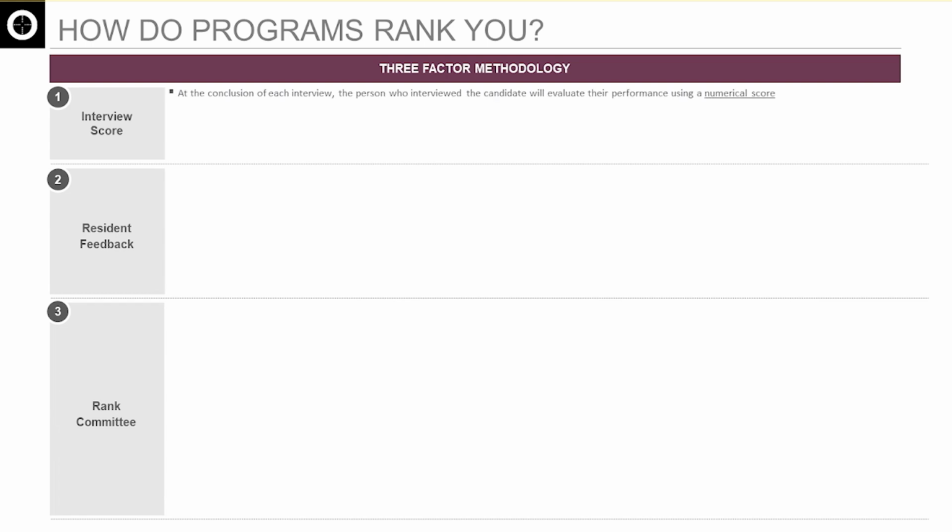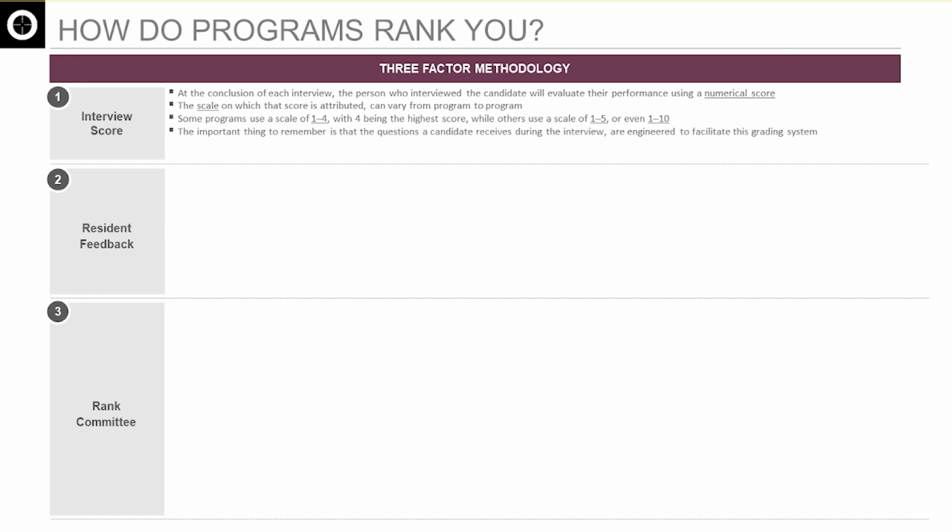At the conclusion of each interview, the person who interviewed the candidate will evaluate their performance using a numerical score. The scale on which that score is attributed can vary from program to program. Some programs use a scale of 1 through 4, with 4 being the highest score, while others use a scale of 1 to 5 or even 1 to 10.